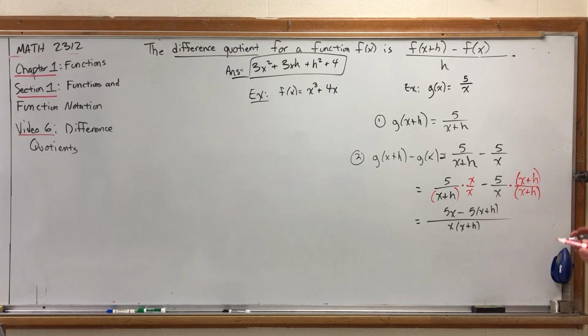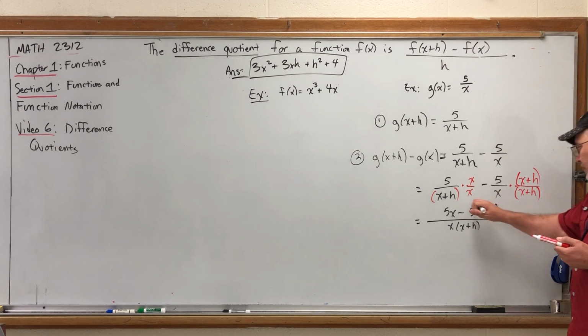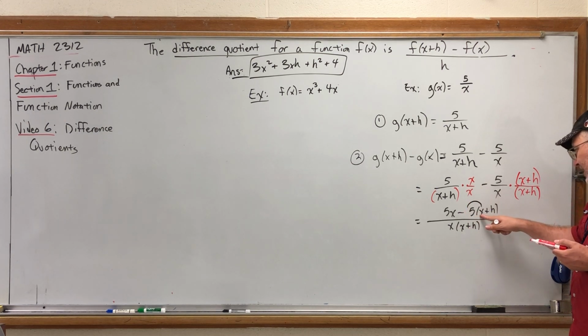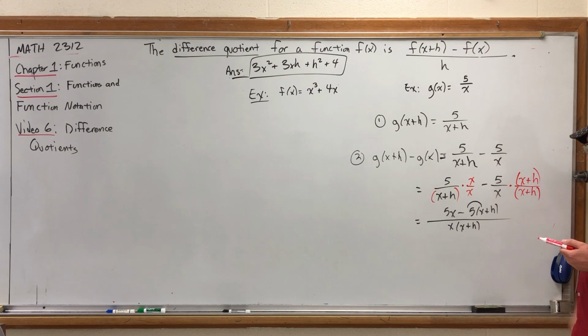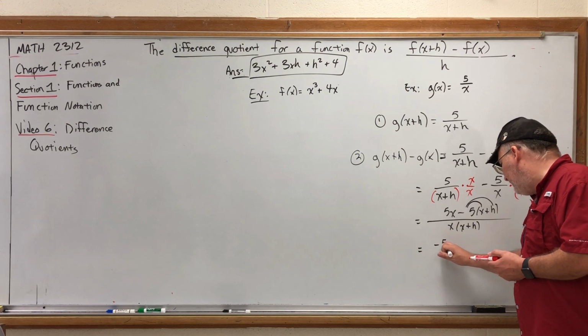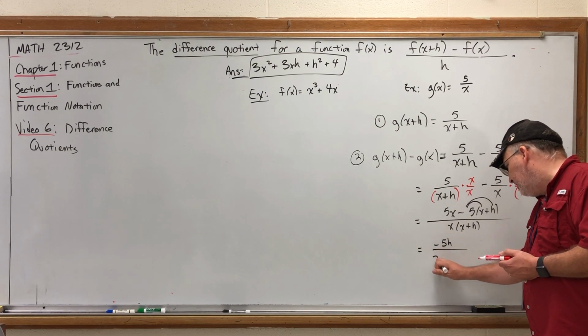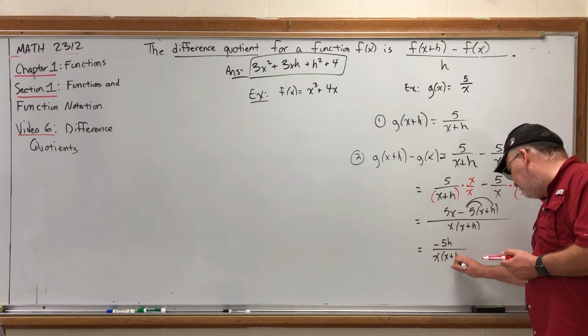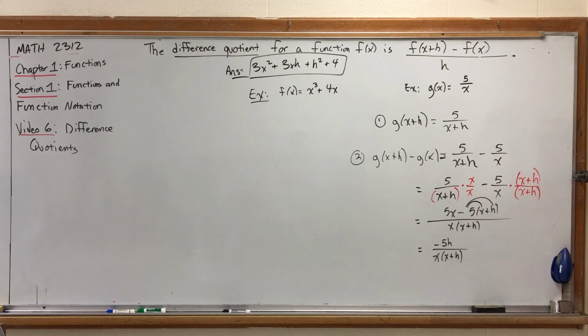And now my numerator is just begging to get distributed and combined, and we can do it in one move. When we distribute the negative 5 to the x, we'll get a negative 5x to cancel the 5x, so the 5x's cancel, but we'll still have negative 5 times h. So we have negative 5 times h all over the denominator, x times x plus h.